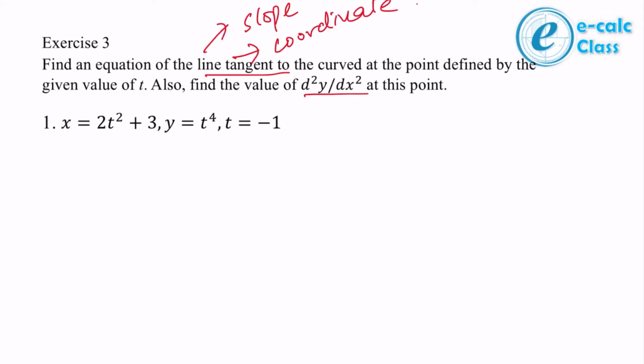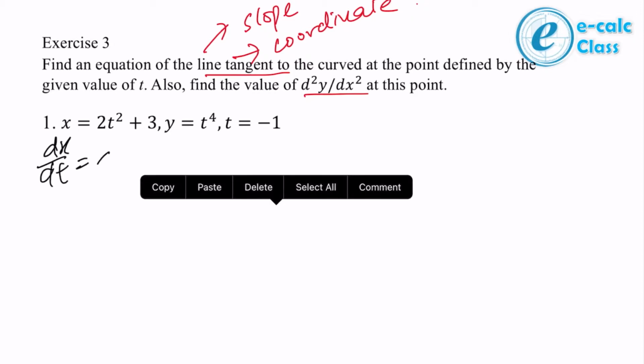So we go and find the slope first. Slope means first derivative, which means dy/dx. For dy/dx, we need dy/dt and dx/dt. We already have our x in terms of t, y in terms of t here. Just go ahead and find dx/dt, dy/dt.